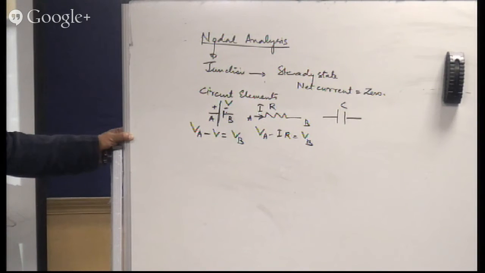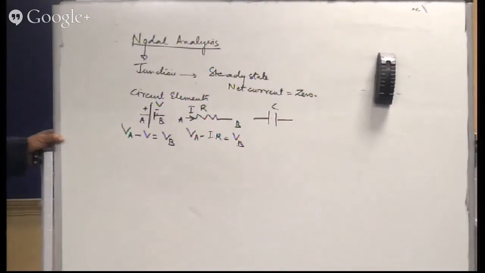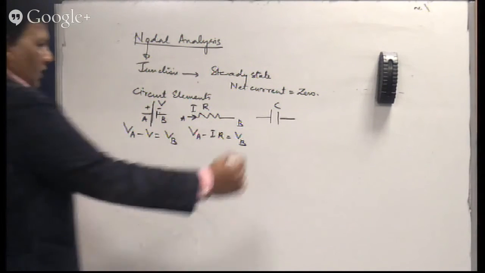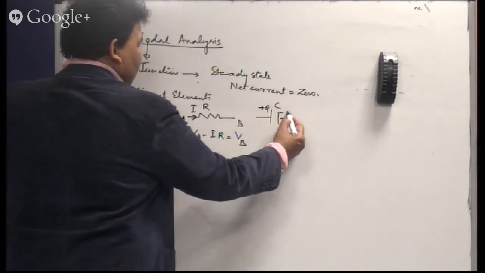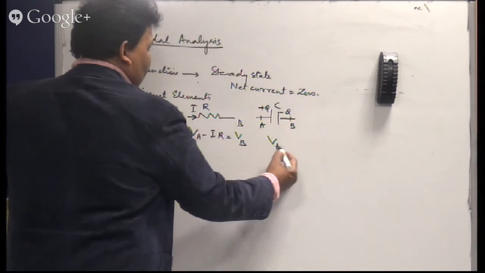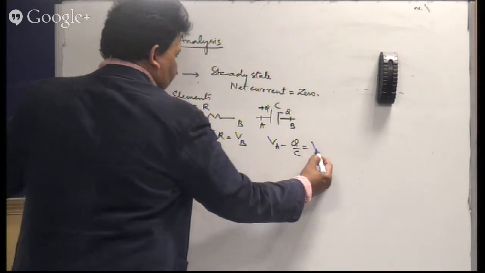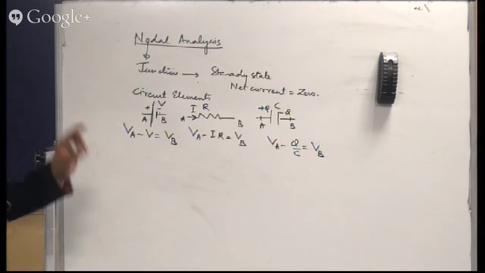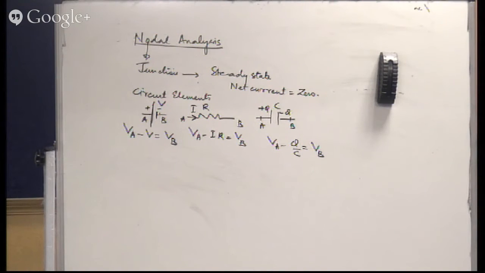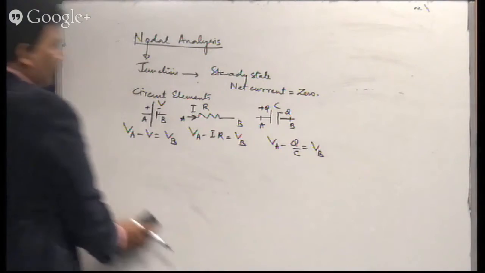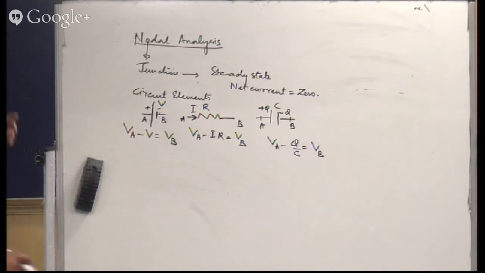So higher minus something will give you lower. If this plus charge is Q and this is minus Q, this is A and this is B, can I say VA minus Q by C is VB? You know this. I agree, I understand that you know this. Right. Now, we'll take it further.